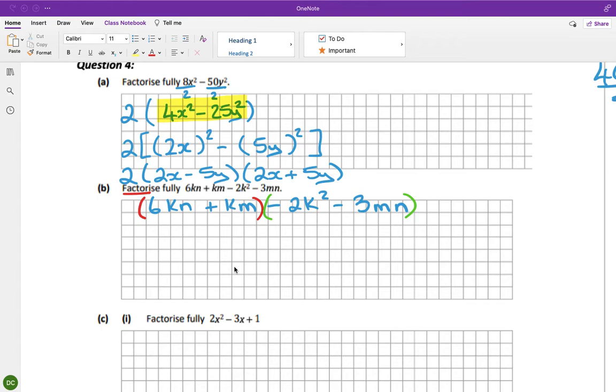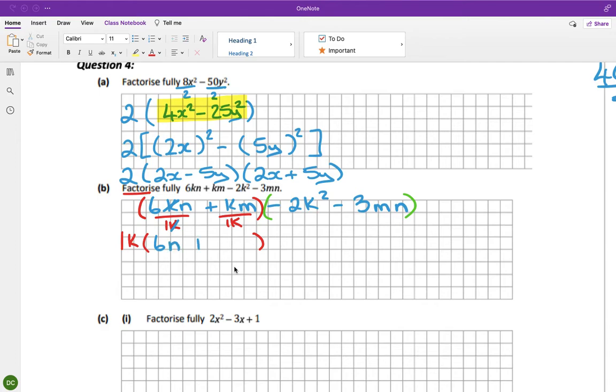So common factor in the red group, I think, is just going to be 1k. So we divide by 1k and divide by 1k. Open up my bracket, and 6 divided by 1 is 6. The k's will cancel, and n.